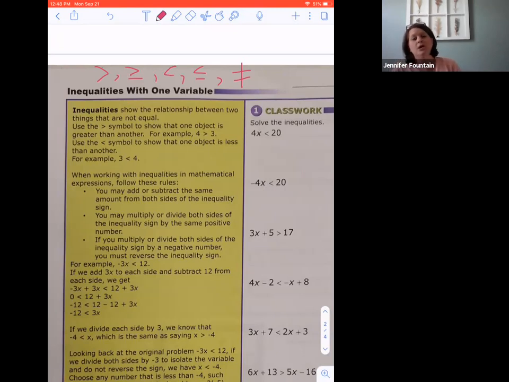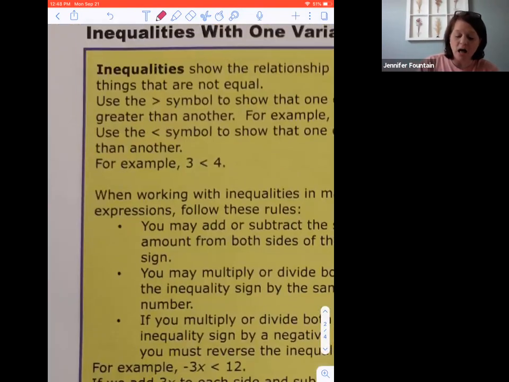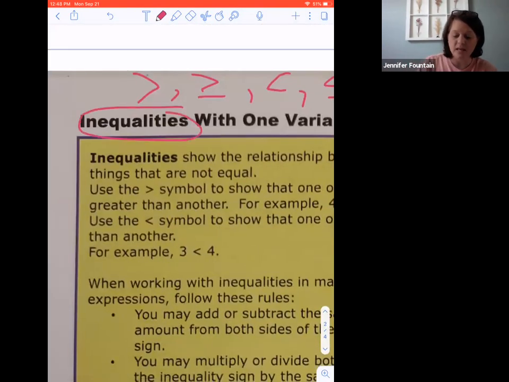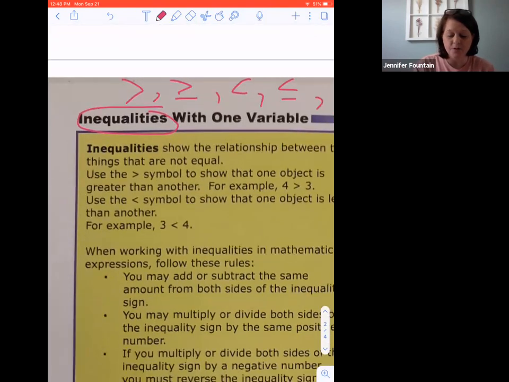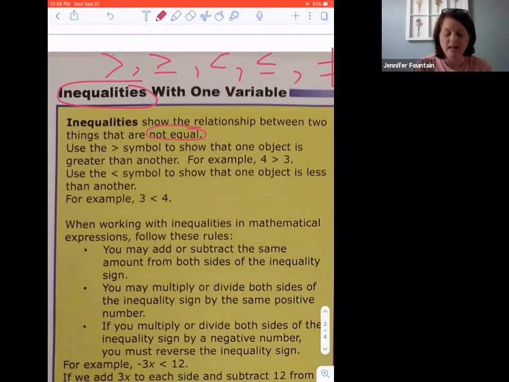When we're talking about inequalities, it means things that are not equal. They're not equal because they could be greater than or equal to, less than or equal to, or just not equal to each other.